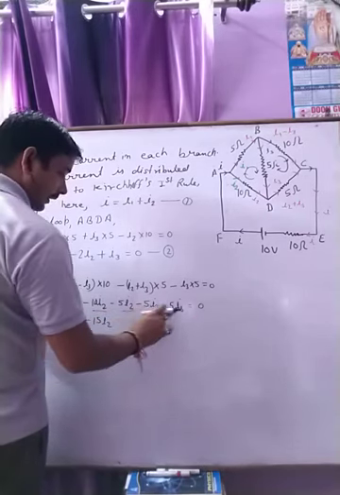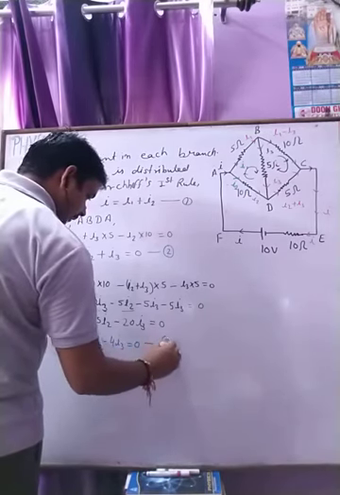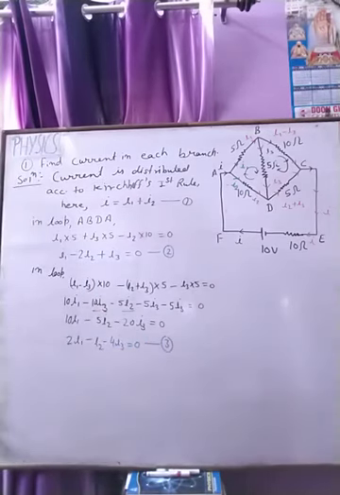By taking 5 as common, we get 2I1 minus I2 minus 4I3 equal to 0. This is equation third.